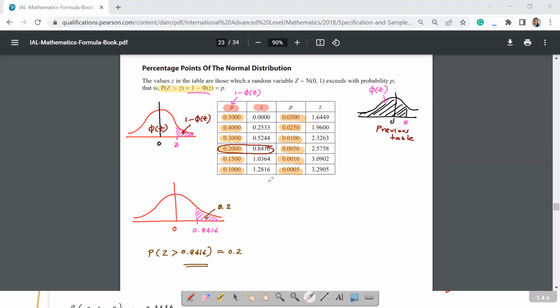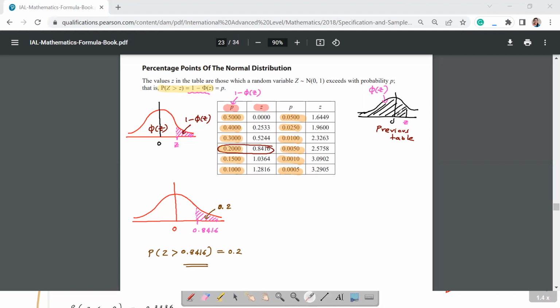In the previous table your Z value was 2 dp and your probability was 4 dp. Now in this table your probability is like 2 dp, nice small looking values, 0.1, 0.2, 0.3, and your Z value is 4 decimal. So that's the difference between the tables.